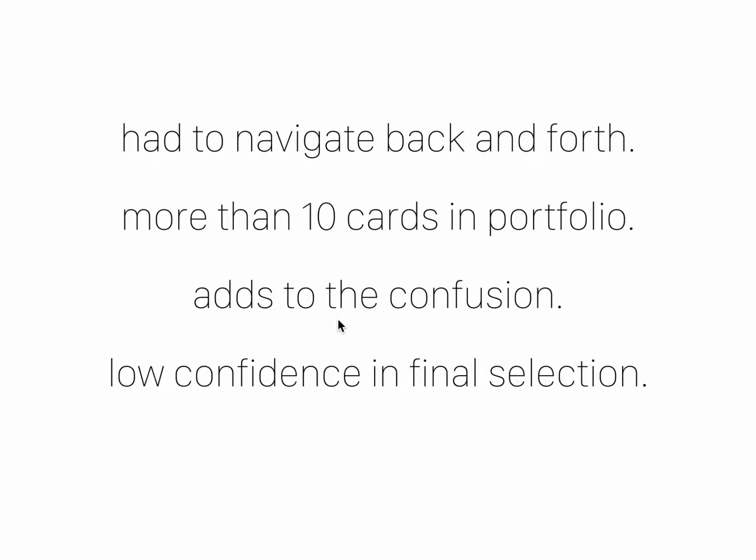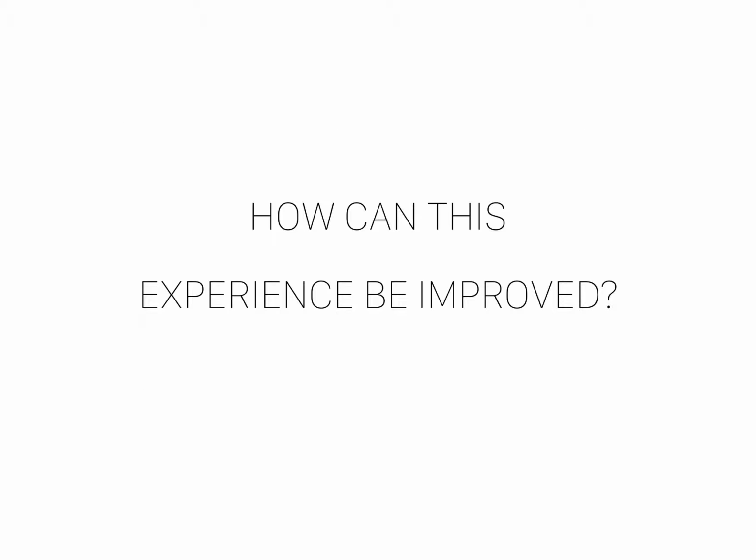But even though the users in the end chose a card that they thought was more suitable for them, they did say that they were not 100% sure, and hence this low confidence level among the users was also a concern which I thought could be addressed with the redesign.